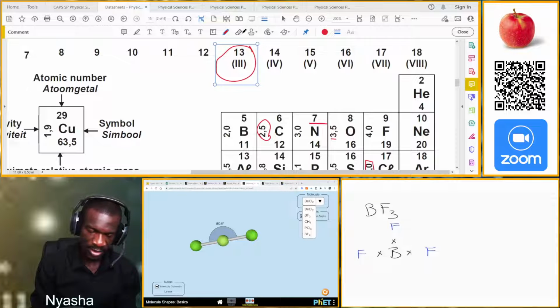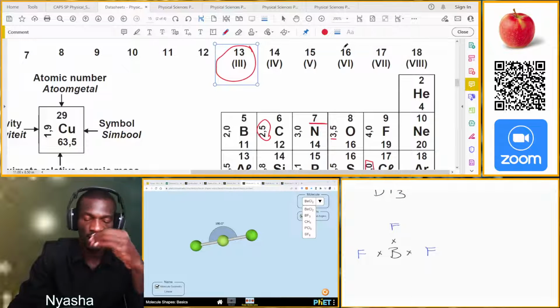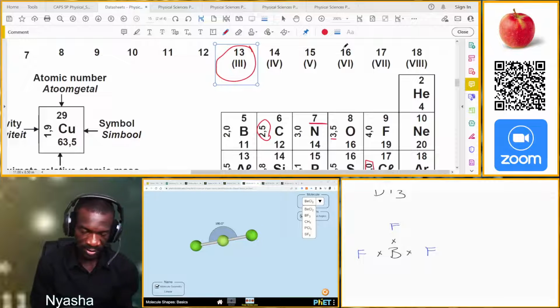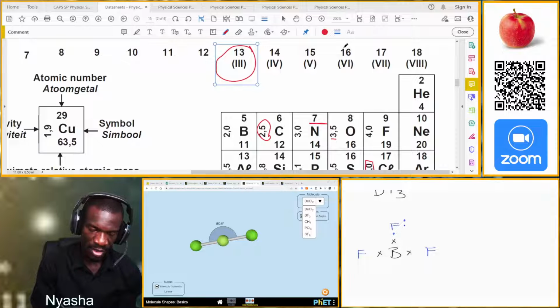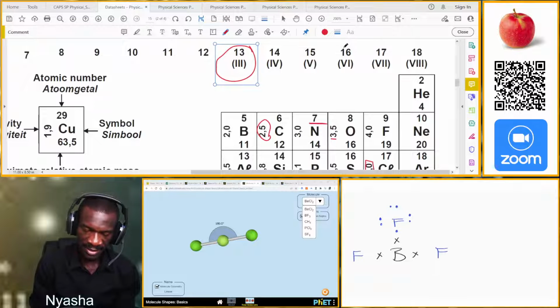Right, let's just move this away. So fluorine, group 7, so 7 electrons in the outermost shell. So we're going to take this as 1. And then we said 7, so that's our 3 now, that's our 5 now, that's our 7. So the same applies, we're just filling in the blanks.